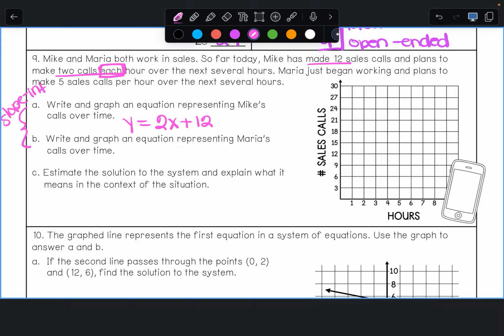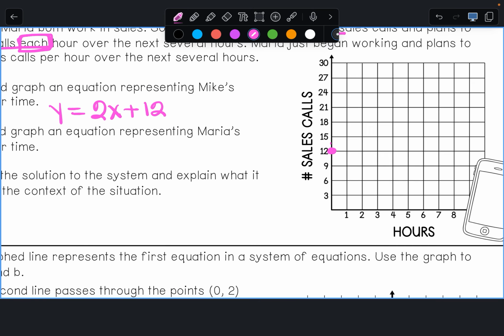So for Mike, we start at the 12. Up 2 over 1. If I go up 2, what happens? Up another, that'd be 13? Go up 2 more.